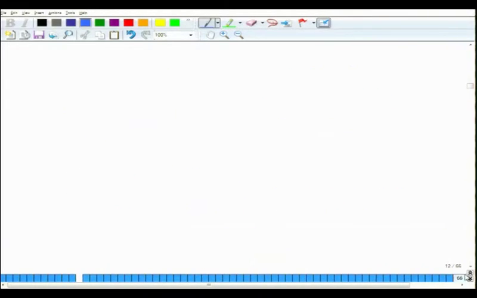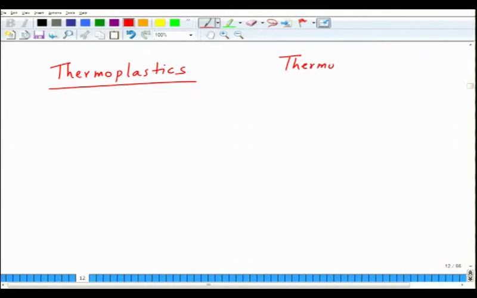Okay. So, let me now define polymers. These polymers typically are characterized as, the first category is known as thermoplastics, and the second category is known as thermosets. Thermoplastics can be softened.